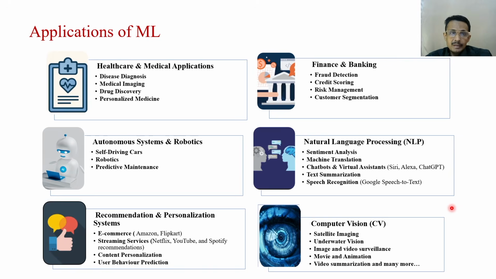Before we go further, we can say that nowadays machine learning is everywhere, from healthcare to autonomous driving and robotics, from recommendation and personalization systems to finance and banking, in natural language processing and computer vision, why not?